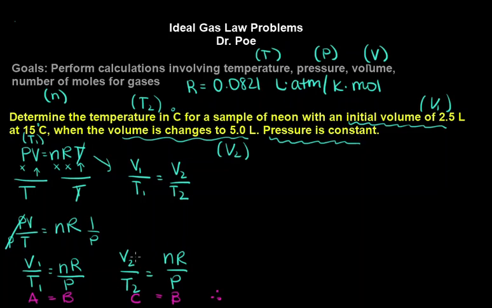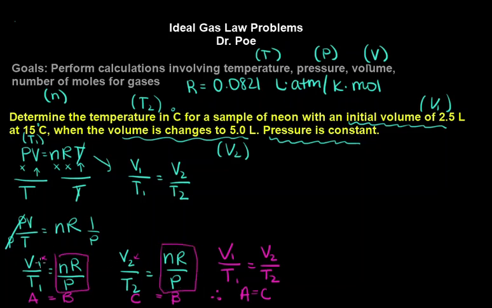This is different. This is a 2. It's different than 1. It's a new condition. Therefore, if A equals B and B equals C, A must equal C. So we will know that V1 over T1 equals V2 over T2 because we were able to set them both equal to the exact same thing. That means they are equal to each other.